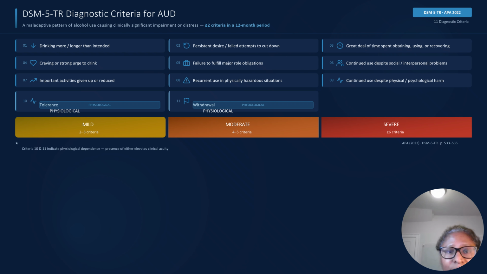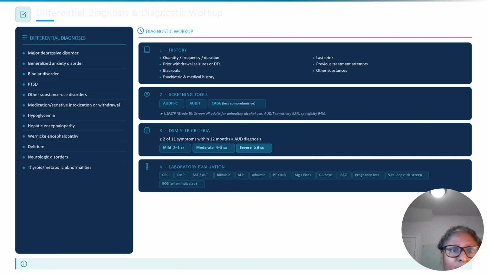These are the items that you would find for moderate, and then also for severe for the DSM-5. These are just a few differential diagnoses that you would find in your DSM-5 book: post-traumatic stress disorder, hypoglycemia, hepatic encephalopathy, delirium, and even thyroid metabolic abnormalities.